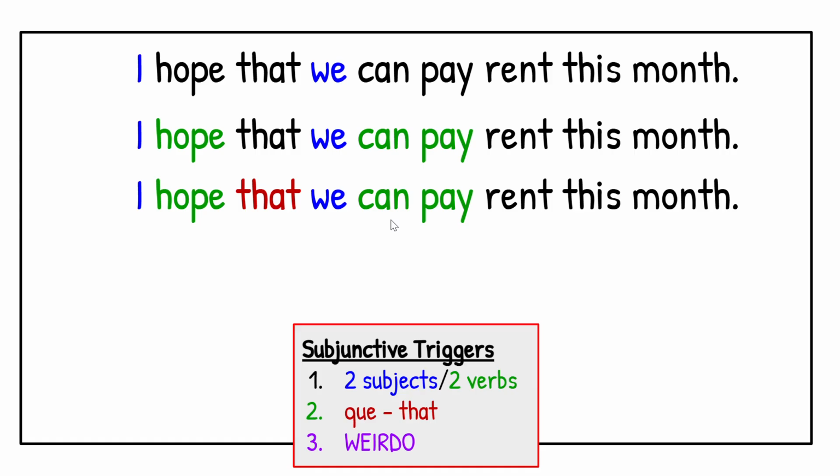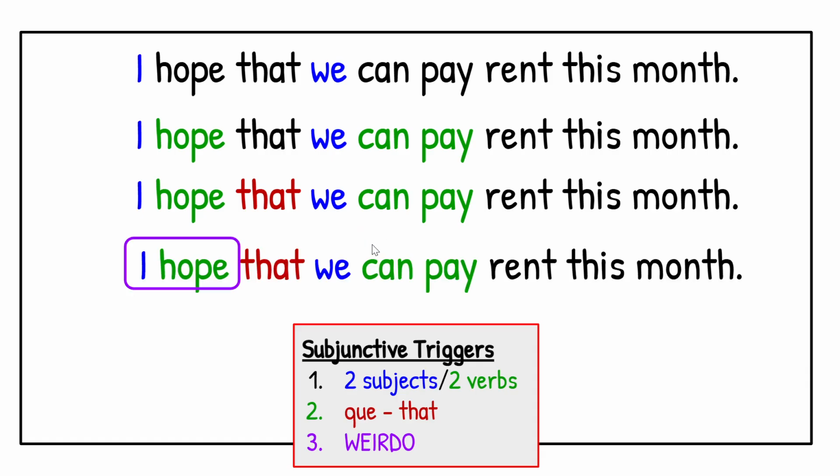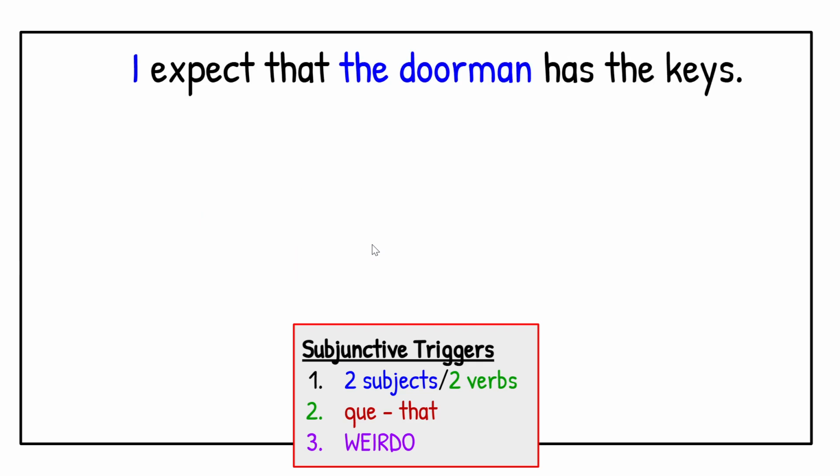Yes, I do. I have the word that, which is que in Spanish. And am I expressing one of these WEIRDO things: wish, emotion, impersonal expression, request, doubt, denial? Yes, I'm expressing a hope. So this is a subjunctive sentence in English and in Spanish. It's not in the past, it's not in the present, and it's not in the certain future. It is a hope.